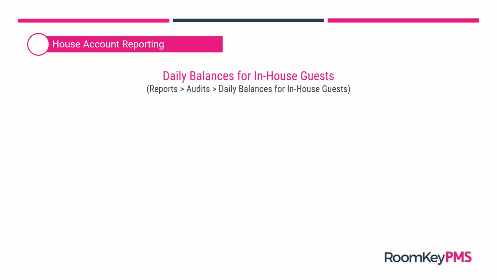Another area that house accounts are going to appear is your daily balances for in-house guests. This is a report that is typically printed as part of the night audit or auditing procedures for the daily operations here. So it is found in the reports menu, audit section. It's called daily balances for in-house guests.